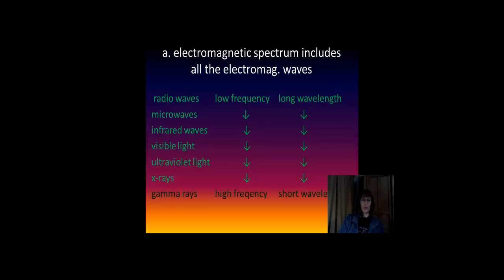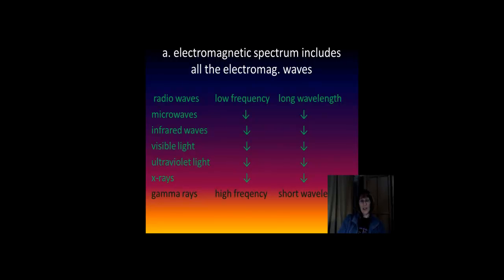Radio waves, you know about radio waves. We can even create our own. We don't have to get them just from the sun. Microwaves, infrared. Infra means below, so it's below red. Visible light: red, orange, yellow, green, blue, indigo, and violet. Ultraviolet, ultra means above, so it's above the violet. X-rays and gamma rays. So you guys are familiar with most of these.